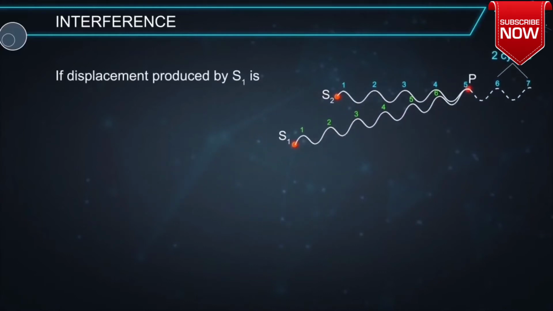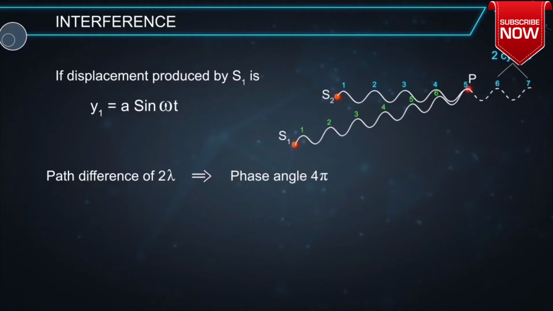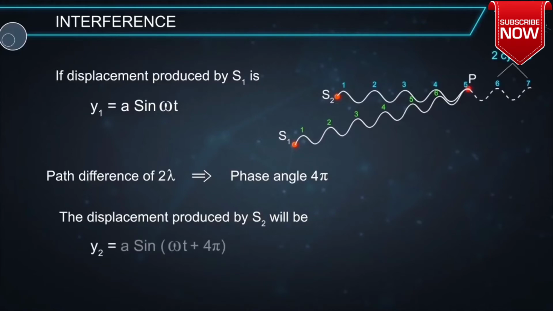If displacement produced by S1 is given by y1 is equal to a sin omega t, since the path difference of 2 lambda corresponds to a phase difference of 4 pi, the displacement produced by S2 will be given by y2 is equal to a sin of omega t plus 4 pi, which is equal to a sin omega t.